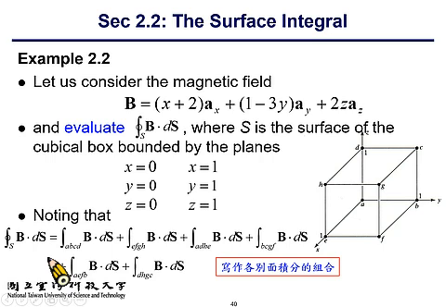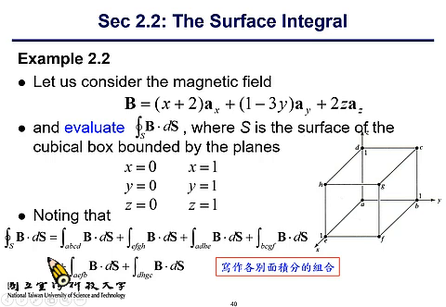B has three components in the x, y, and z directions, and each has some strange dependence. The x component Bx is x plus 2, the y component is 1 minus 3y, and the z component is 2z.